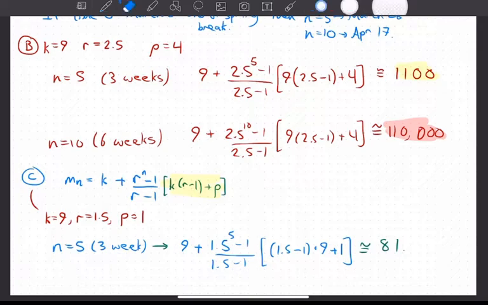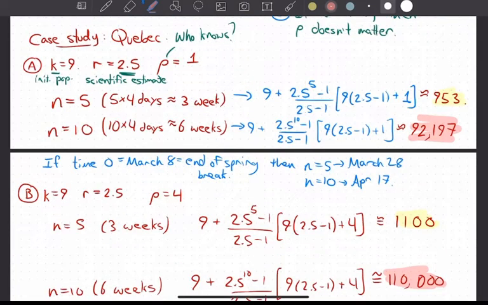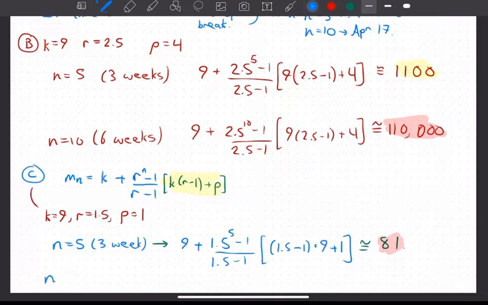So what are we comparing that 81 to? 81 cases in Quebec in 3 weeks, compared to something around 1,000, between 950 and 1,100. So a factor of 10 difference. What about after 6 weeks?